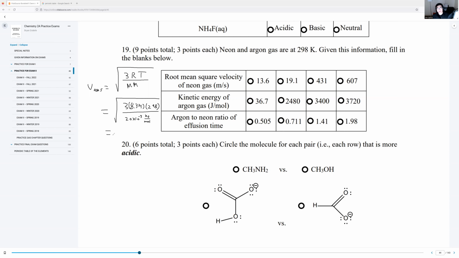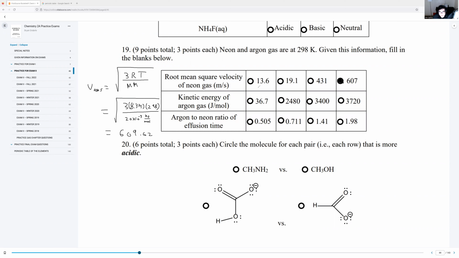Now I plug this in, and this is going to end up being 609.62. So closest to 607. Maybe it was my rounding. And that's it.